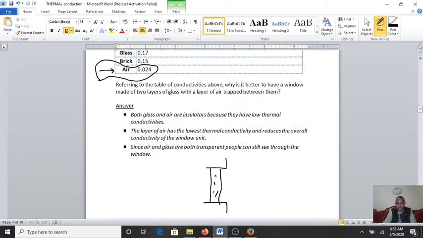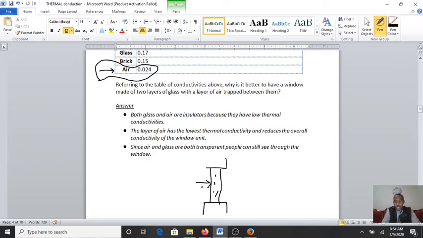So there's some air here. See? Air is trapped here. So when air is trapped, you have a good thermal insulator which minimizes heat loss from the building. Similarly, the glass is a thermal conductor on its own, so it will also minimize heat loss from the building by thermal conduction.